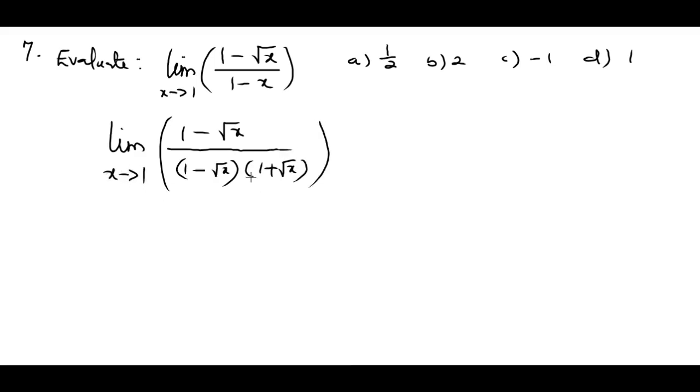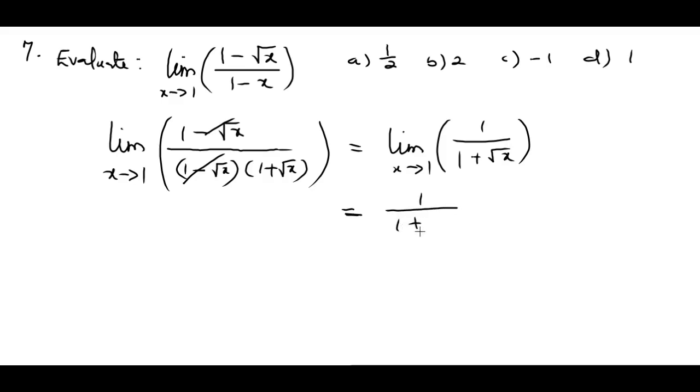By the time you expand this, you are going to arrive at 1 minus x eventually. So here I can strike out this and this so that I'm left with the limit of 1 over 1 plus root x as x approaches 1. So we can now do direct substitution.